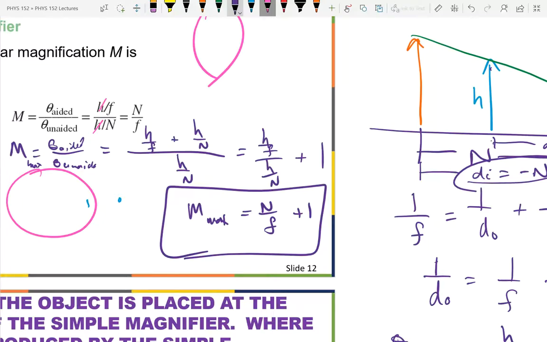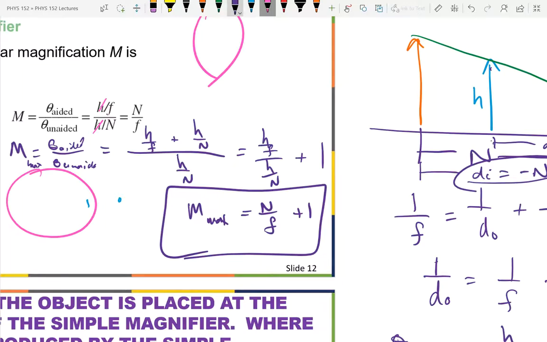Now, your near point being about 25 centimeters, if you have a focal length of 5 centimeters for your lens, then you would go from 25 over 5, which is 5, plus 1, to 6. So you would have a gain from 5 to 6 for your magnification. That is a 20% increase in magnification.